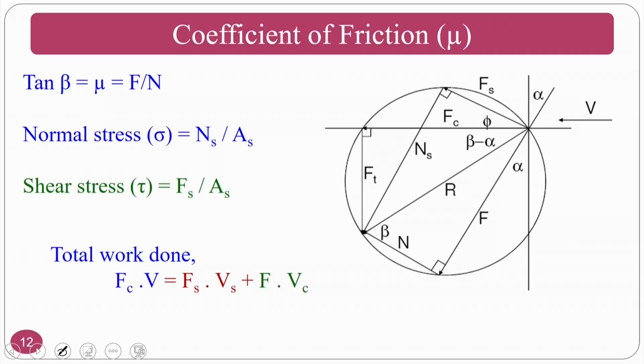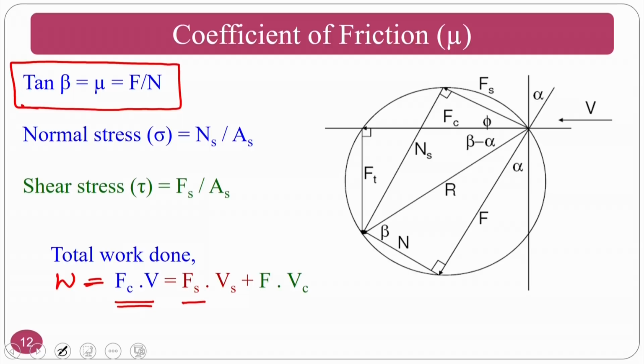We have seen tan beta, that is the coefficient of friction, which is nothing but F by N. So if your N is high, what will happen? The frictional force is very high, then your waste energy will be very high. If you see the work done or energy input, it is Fc into V. The shearing force multiplied by the shearing velocity is called useful energy.